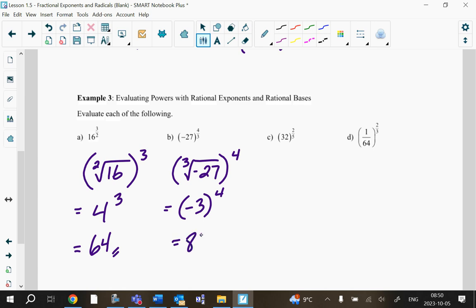See if you can do C. What would you get here when you changed it?